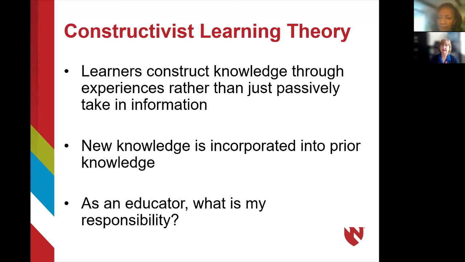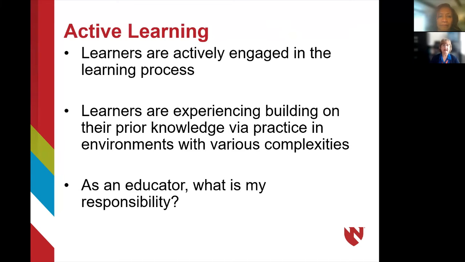I needed to create learning activities that were much more active and not passive, more learner-centered. So constructivist learning theory for me led straight into active learning, in which learners are actively engaged. Remember, constructivist learning theory said it is not a passive activity. Learners learn from their experiences. It's very active.